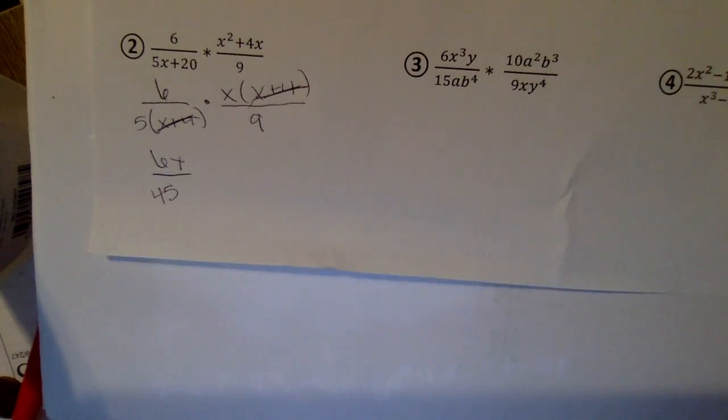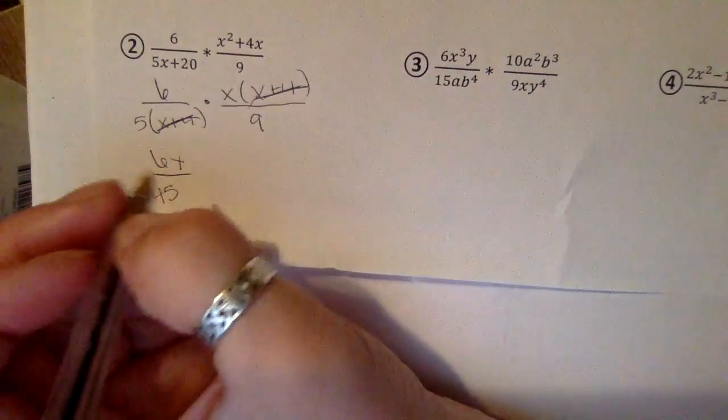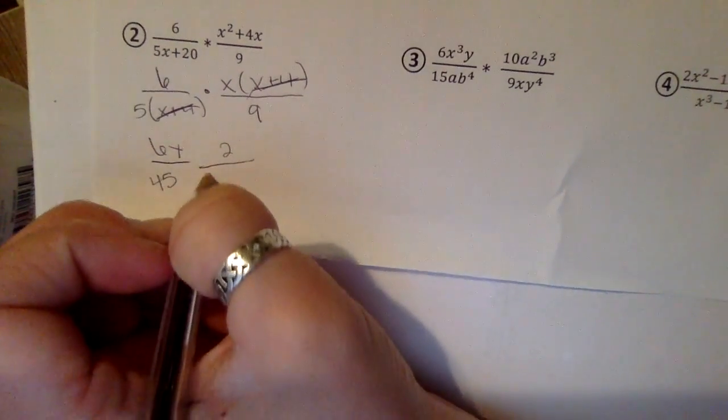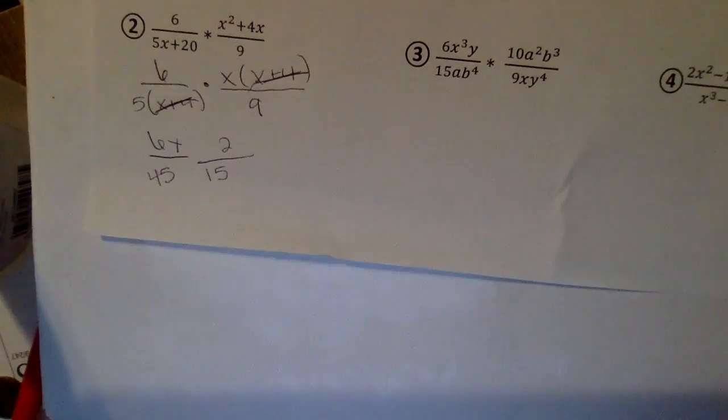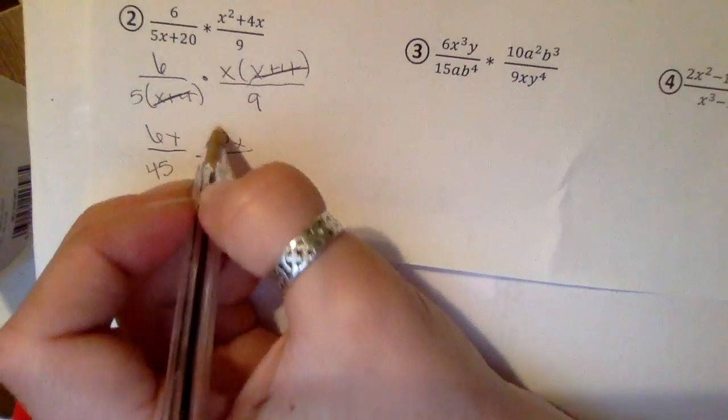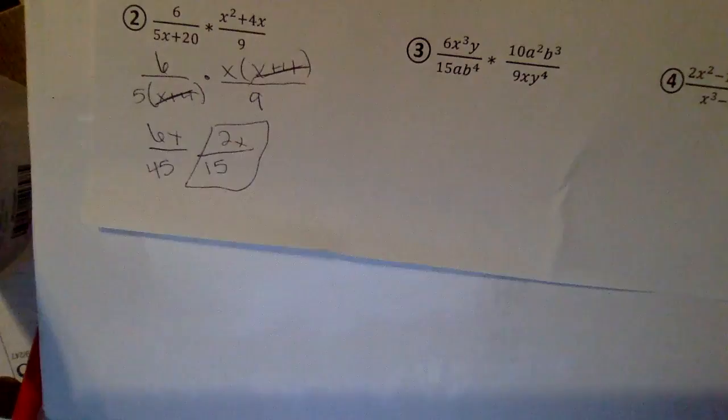Okay, simplify, so see if there's a number that goes into the top and the bottom. So 6 over 45, I can reduce that. It reduces to 2 over 15. And then the x just stays on top. And that's my final answer, 2x over 15.